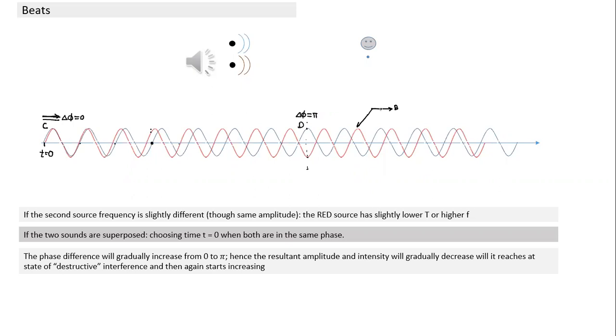In terms of intensity and amplitude calculation, this angle becomes less than 180 degrees, so it is not destructive interference. So from here it is constructive again: the intensity keeps decreasing, comes to a minimum, then starts increasing and returns to constructive interference. This is what will happen if there is a slight difference in frequency.